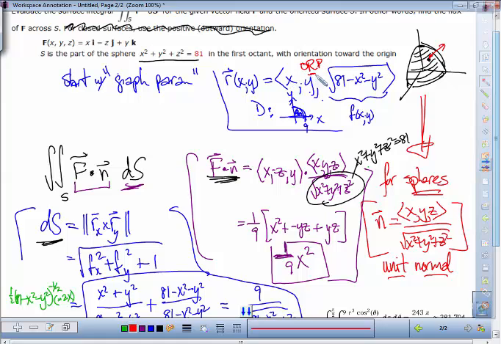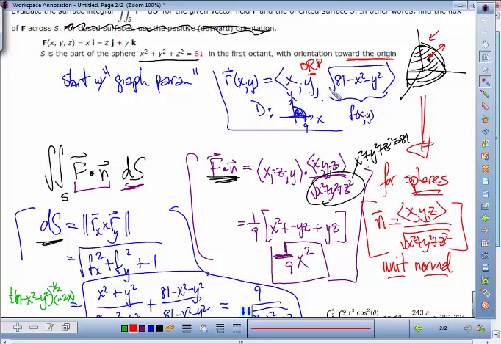ORP. So this is a reversing parametrization. My orientation, I drew my arrow going outward. If it was going towards the origin, then my normal should have been going inward, which means it's negative. It says here, the first octant with the orientation going towards the origin, and my orientation that I did here was going outside. The normal that I found here goes outward.